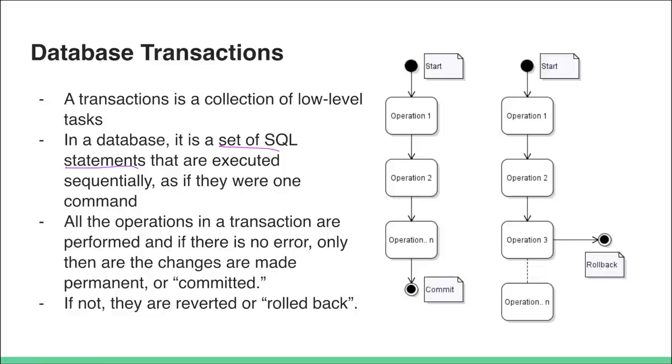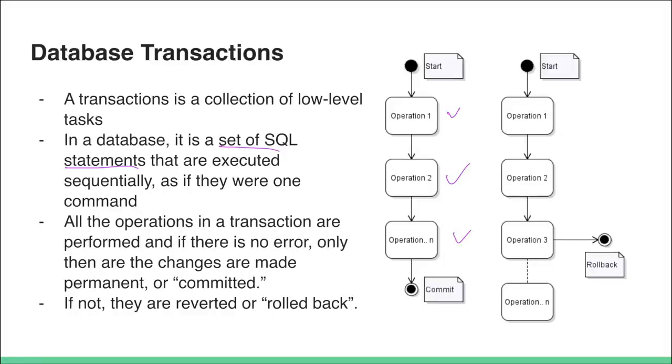Now, what happens in a transaction is that we basically have a set of operations and we conduct all those operations. So we keep a record of everything that needs to be done for each of those operations. So for operation 1, we're going to keep track of everything that needs to be done for this to take place, then for operation 2, and then for the other operations we have, without actually making permanent changes to the database.